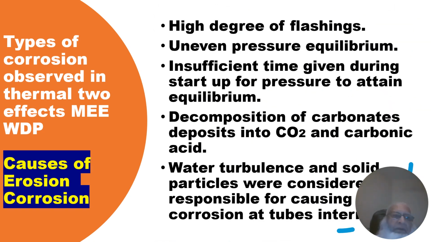This slide shows causes of erosion corrosion observed in the MEE water desalination plant. The first cause was the high degree of flashing, uneven pressure equilibrium during operation, and insufficient time given at startup for pressure to attain equilibrium.